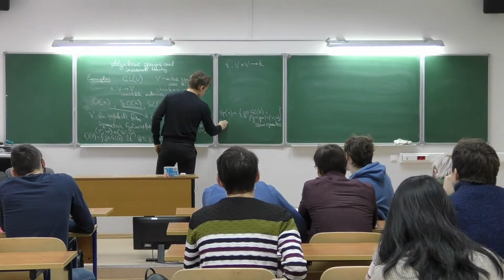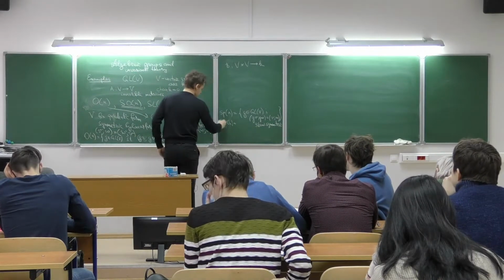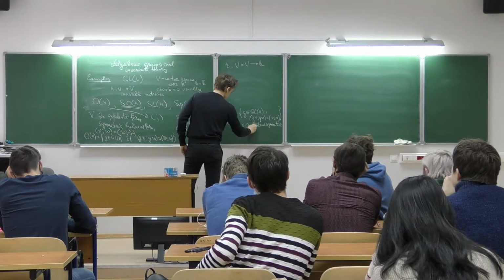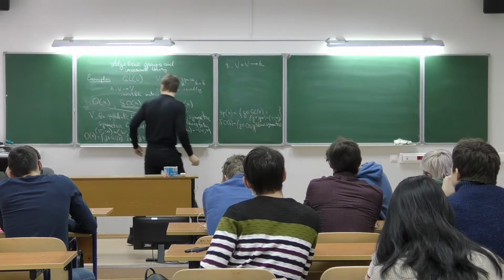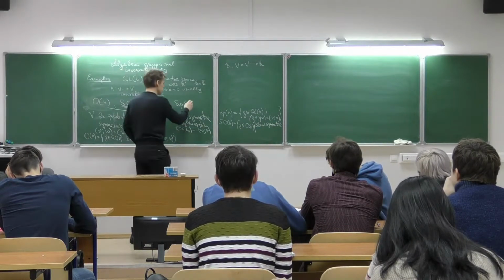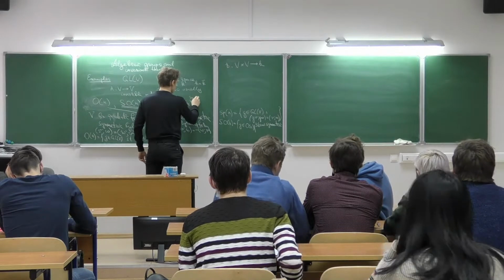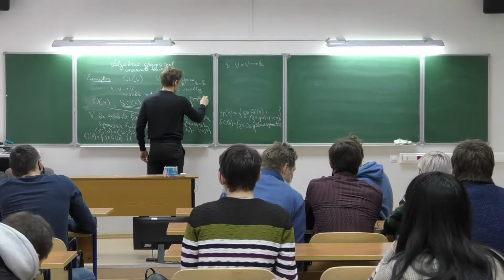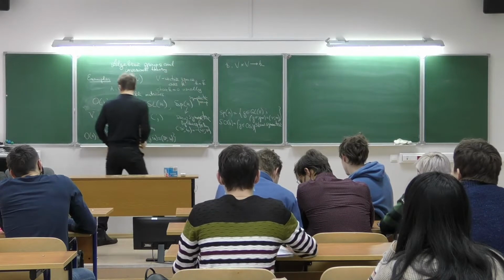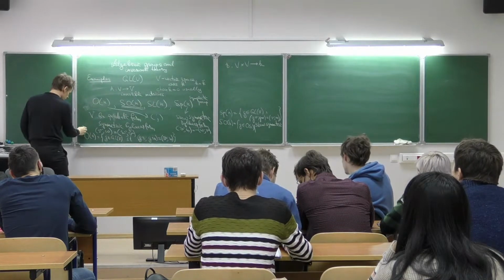So SO(n) is just the group of orthogonal transformations. So this is called the orthogonal group. This is called the symplectic group. This is called the orthogonal group.